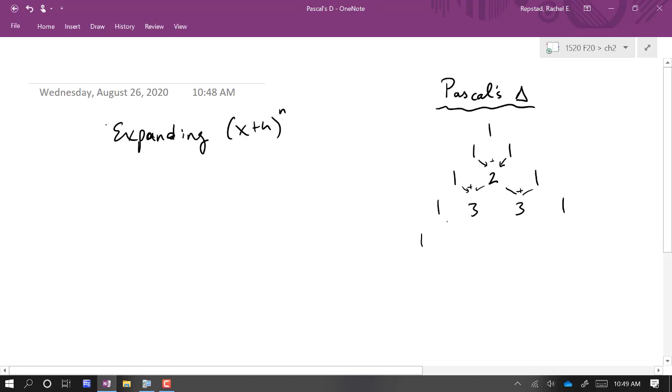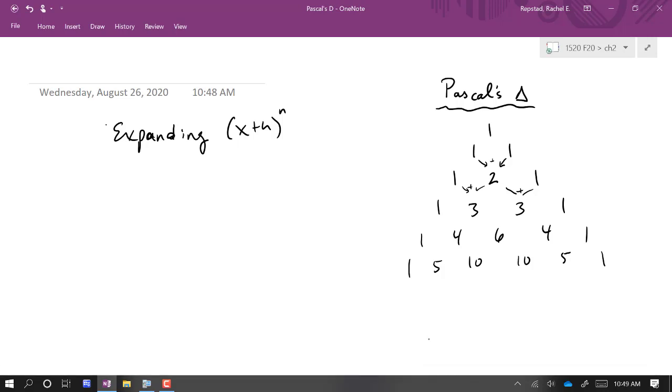Then we have 1, 4, 6, 4, 1, and 1, 5, 10, 10, 5, 1. And this could go on infinitely, right? Pascal's triangle has however many rows as we need it to have, but we just build it in that way.